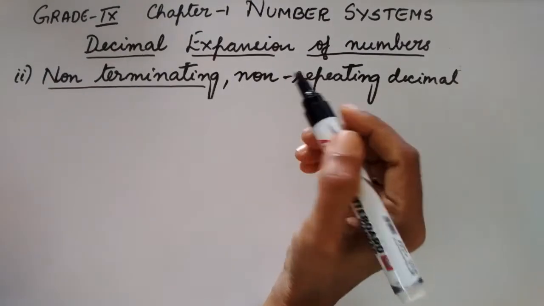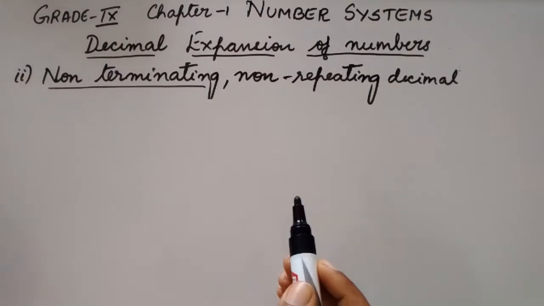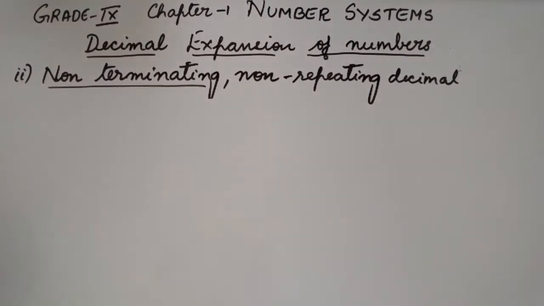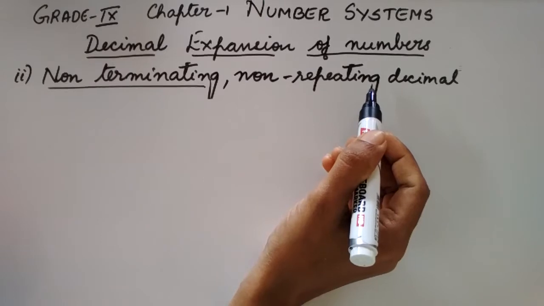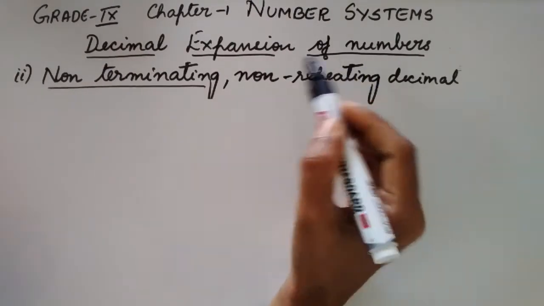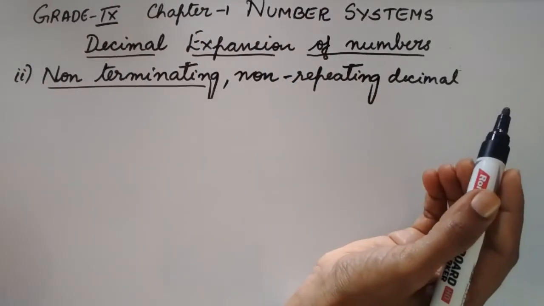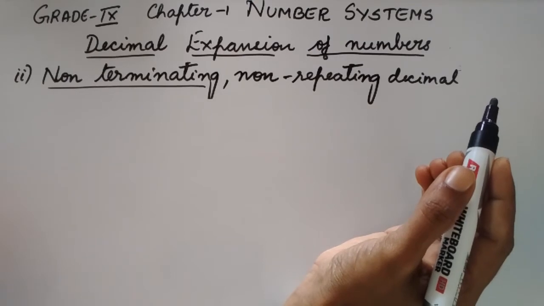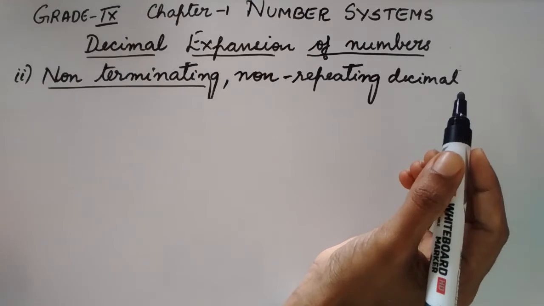But here the numbers in the quotient do not repeat. In the second type, non-terminating repeating, we observed that the numbers in the quotient were repeating, but in this type it is non-repeating. You find different numbers.